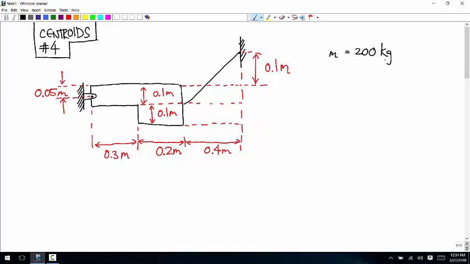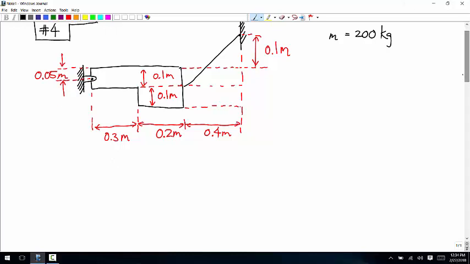And we want to find the reaction force at the pin joint, and the force vector that the cable applies to the object. So the first thing is a free body diagram.